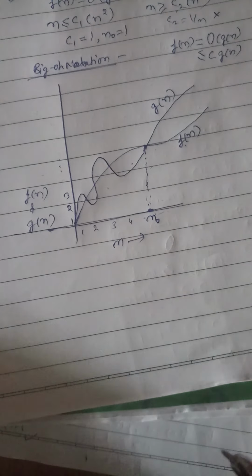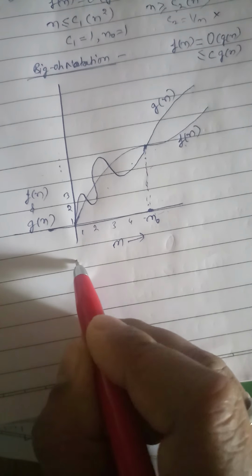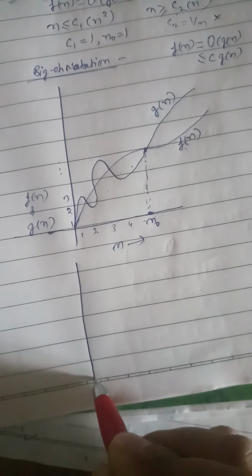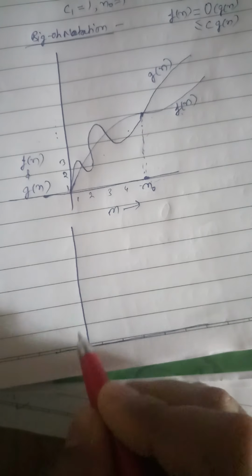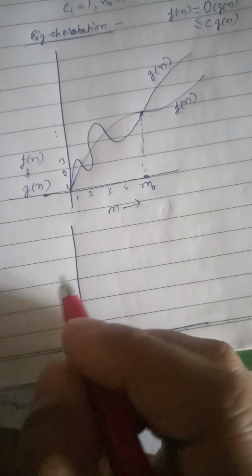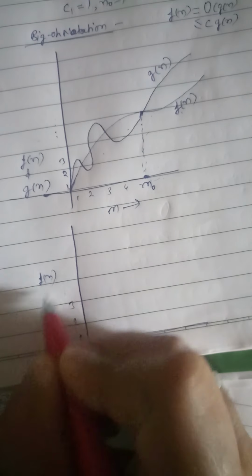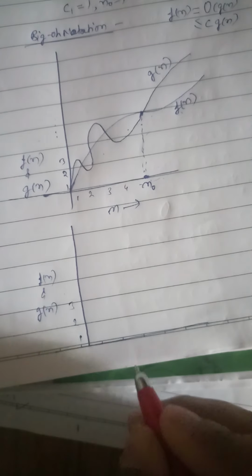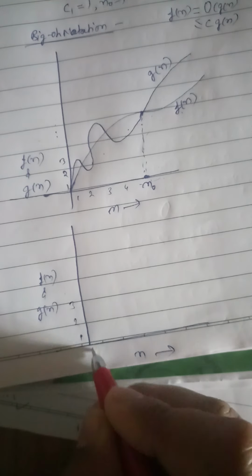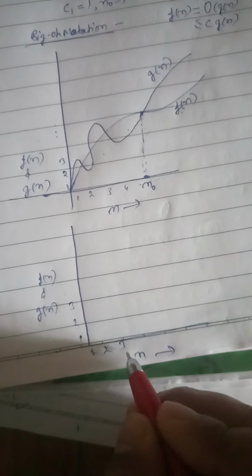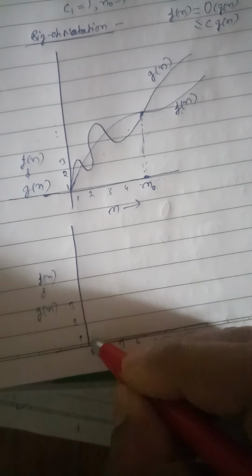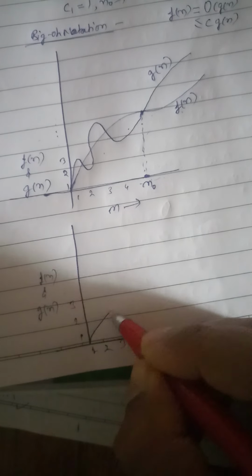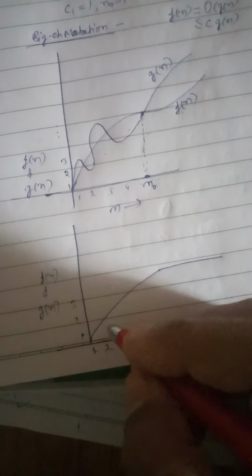In the similar way, we can represent omega notation. Here f(n) and g(n), with n equal to 1, 2, 3, 4 and so on. But what will happen here?